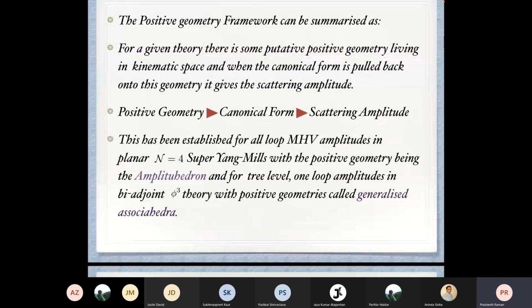In the positive geometry framework, for a given theory, there is some putative positive geometry living in kinematic space, and then the canonical form of this positive geometry is pulled back. It gives you the scattering amplitude. So that is the framework. This has been established for all loop amplitudes in planar N equals 4 super Yang-Mills, with the positive geometry being something called the Amplituhedron, and for tree level and one loop amplitudes in bi-adjoint phi-cube theory, where the positive geometries are called generalized associahedron.